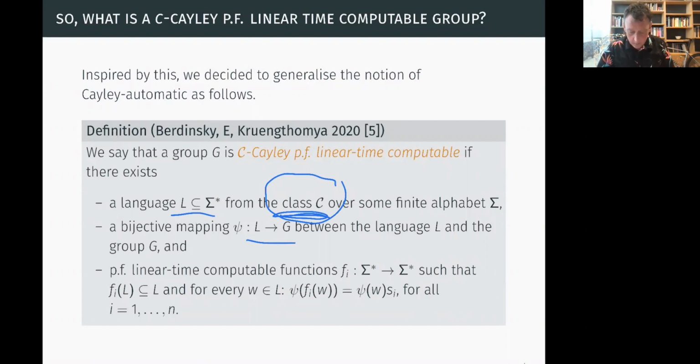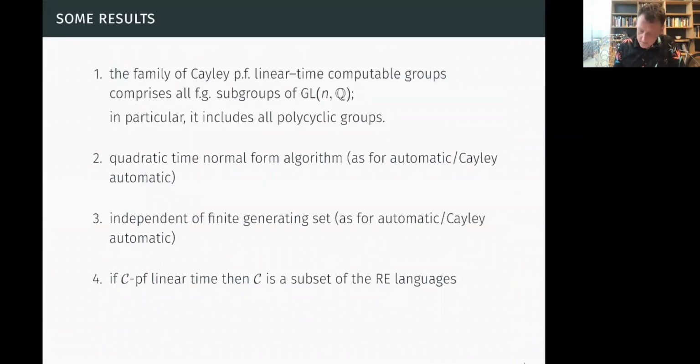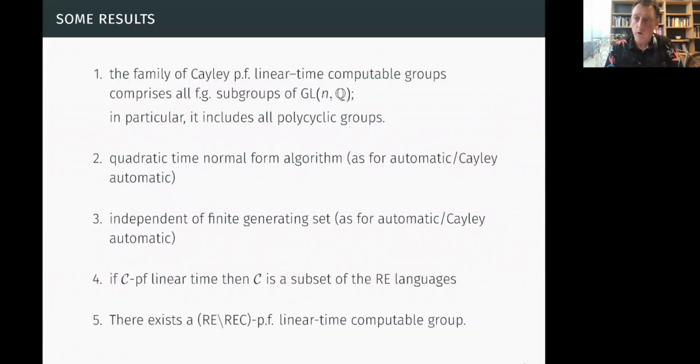So what we do is instead we say we require that you are able to tell whether two strings are equal multiplied by a generator that can be accepted by a position-faithful Turing machine. So that's our definition. And it turns out that many of the same results for the Cayley automatic groups are still true for this bizarre, hugely more general class of groups.